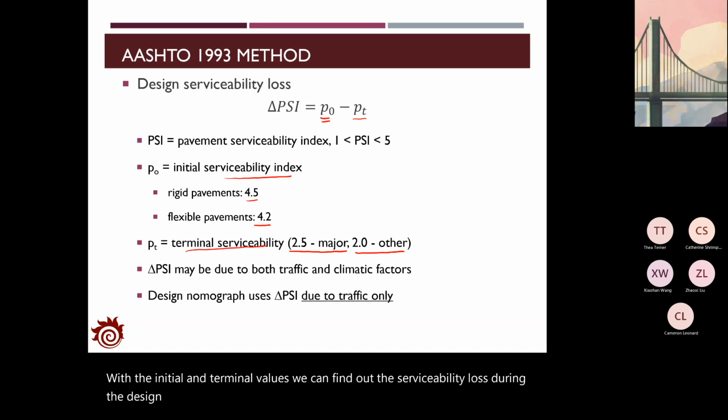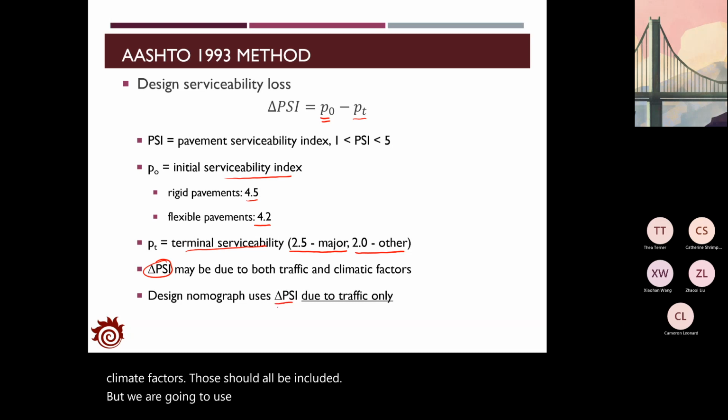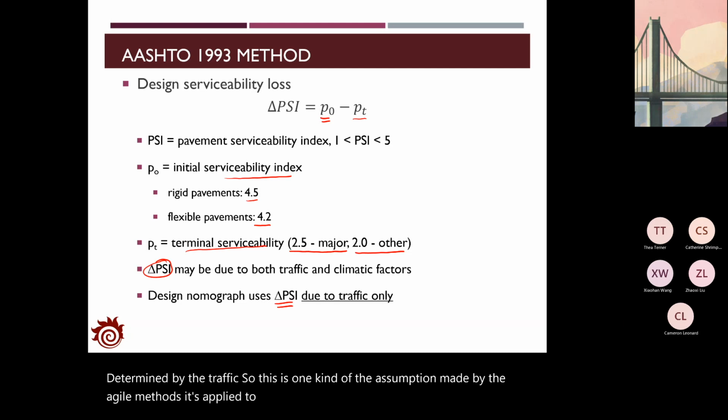The loss of the serviceability index can be caused by the traffic conditions or the climate factors. Those should all be included. But we're going to use delta PSI and assume that delta PSI is only determined by the traffic. This is one kind of assumption made by the AASHTO method. It's applied to simplify the whole design.